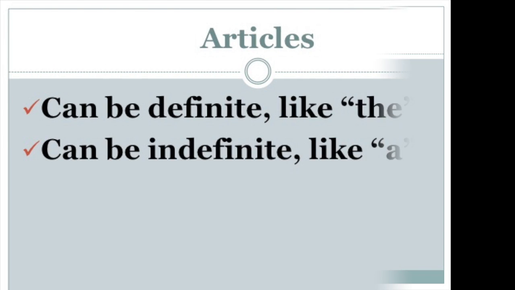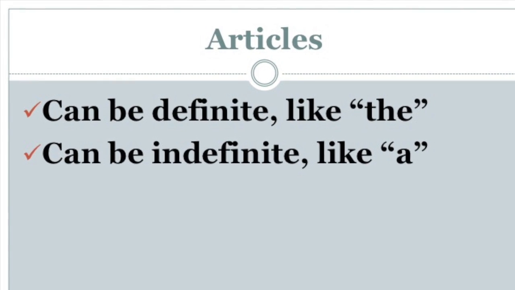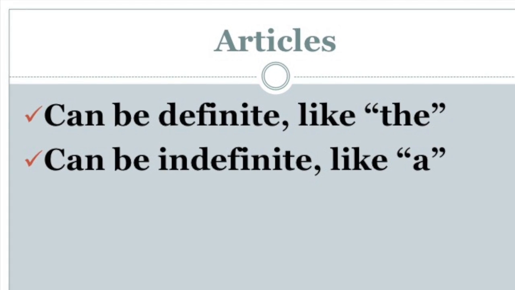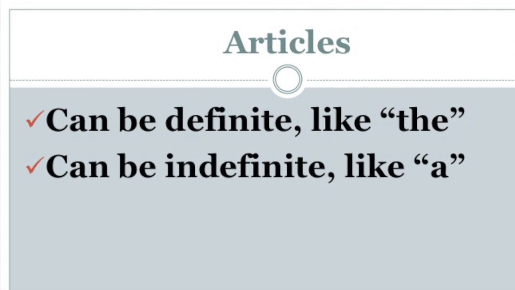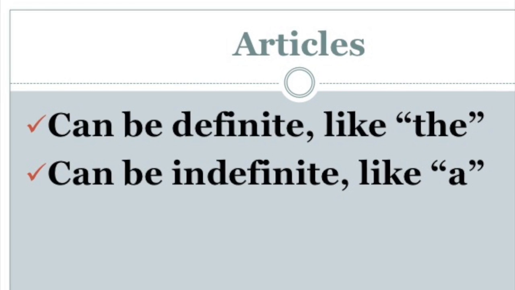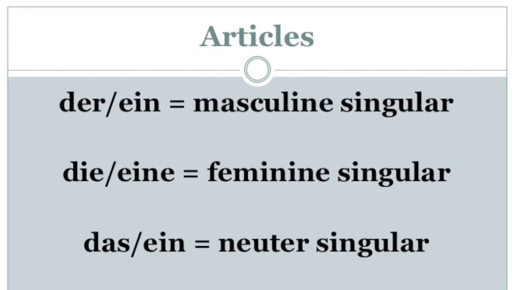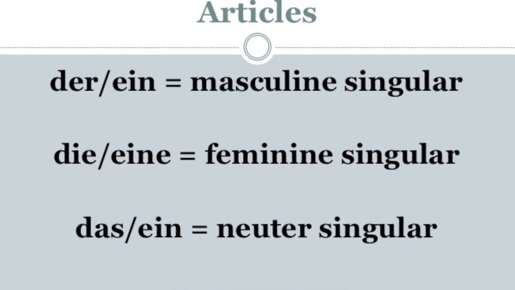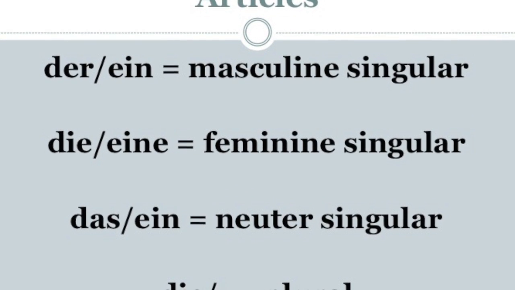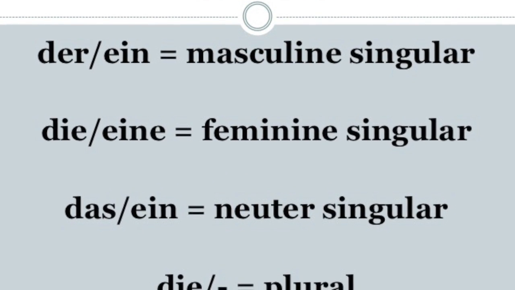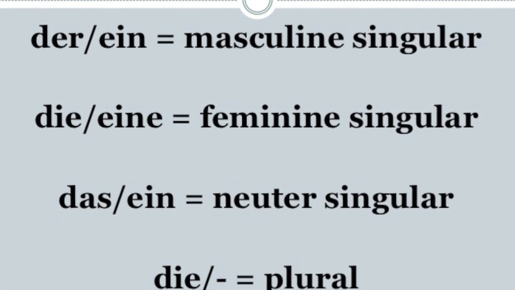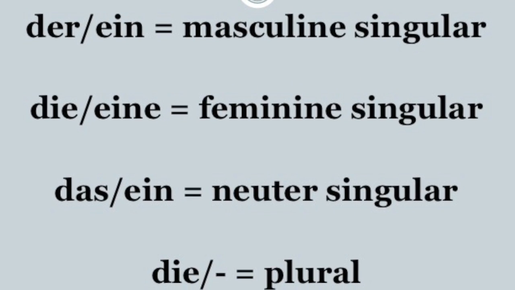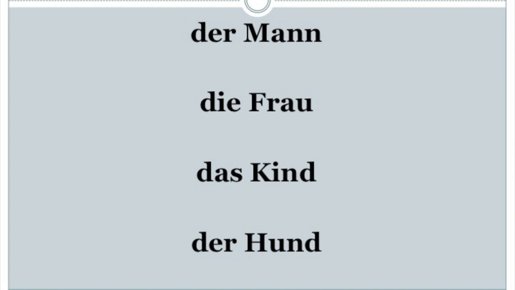We have definite articles, which is like "the", and indefinite, "a" or "an", like "an apple" instead of "the apple". So we have der and ein, masculine singular, die and eine, feminine singular, das and ein, the neuter, and the die plural article. There's no indefinite plural article because you can't have "a apples".